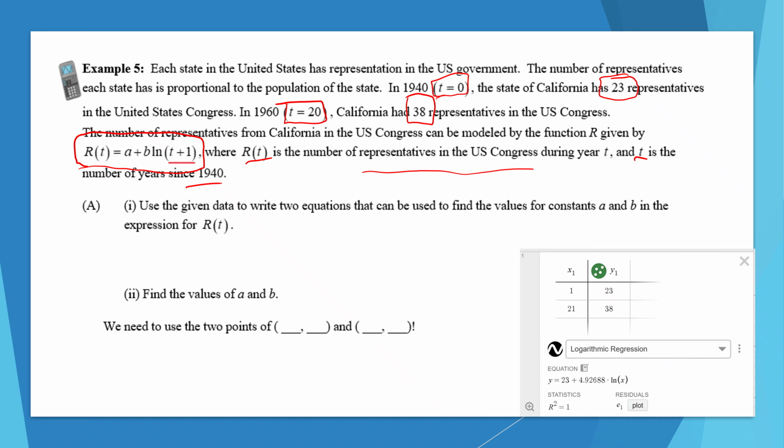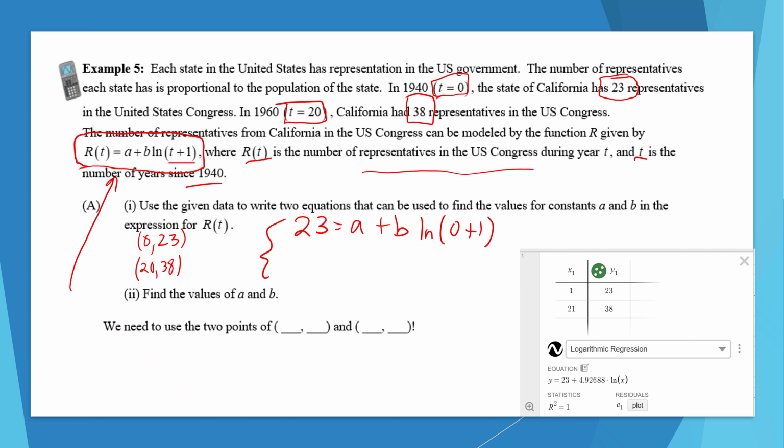So we're going to take our 2 points, which are 0, 23, and then 20, 38, and plug them into this equation right here. We're not going to change anything, so this is going to be 23 equals A plus B ln of 0 plus 1.